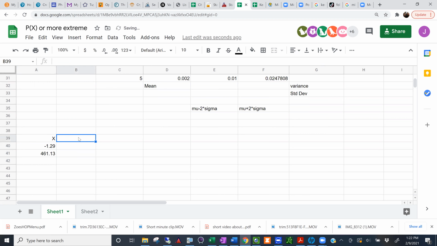How about P of X? The associated probabilities of those variables. Well, this one is 0.999. This one was 0.001.